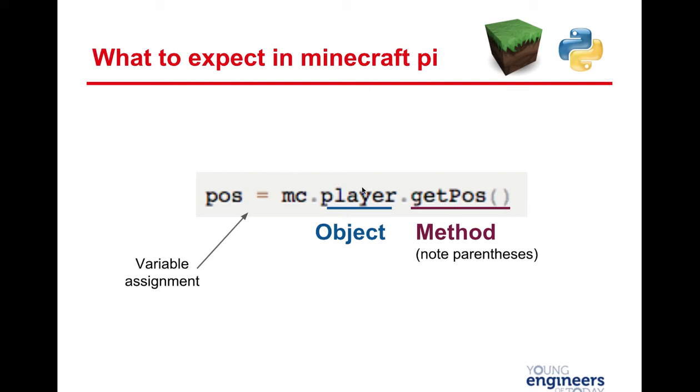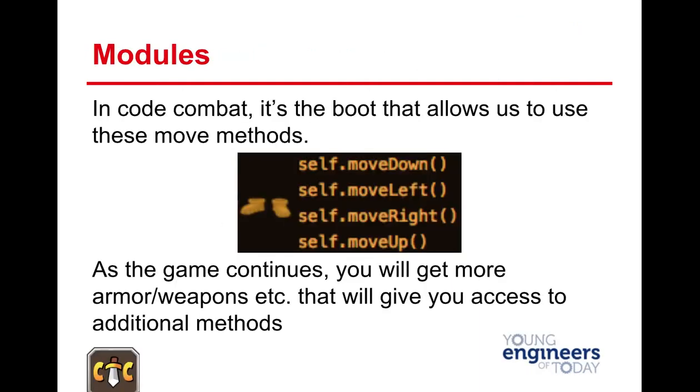You can use this to save information about where the player is in the game. And you're actually going to use this line very often in the game when we hack into Minecraft. So it's the same thing. It's using a method. Methods are associated with objects. In this case, the object is your player. This is a special line we'll get to. It just ties Python to Minecraft while the game is playing, and this is all saved to the variable position.